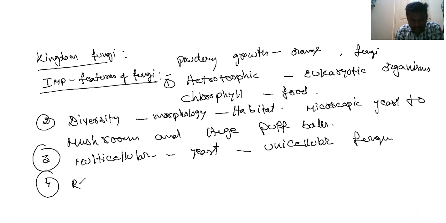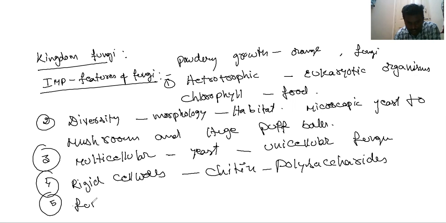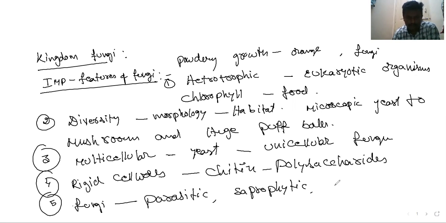Fungi have rigid cell walls, which are made up of chitin and polysaccharides. Fungi could be parasitic, saprophytic, or symbiotic.